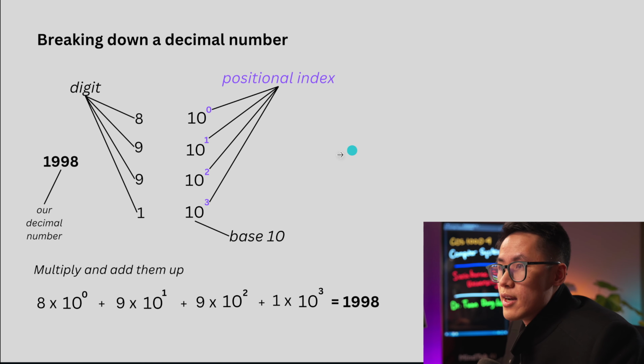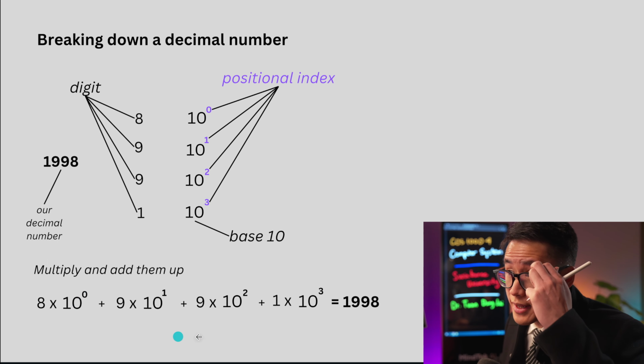Okay, now we multiply and add them up. So we take 8 and then we multiply by 10 to the power of 0. We take the base, we take it to the power of 0. Okay, so 8 times 10 to the power of 0 plus 9 times 10 to the power of 1 plus 9 times 10 to the power of 2 plus 1 times 10 to the power of 3.